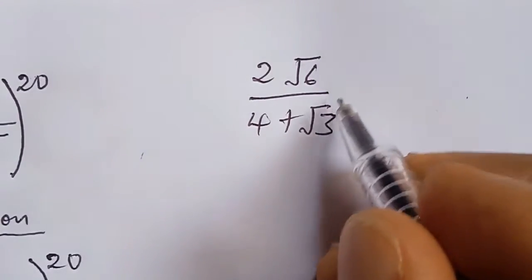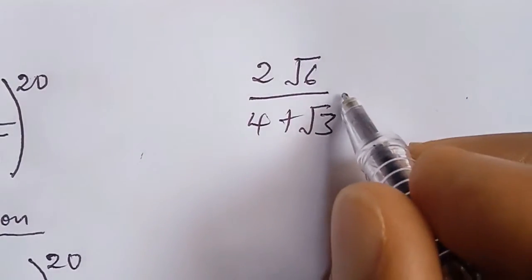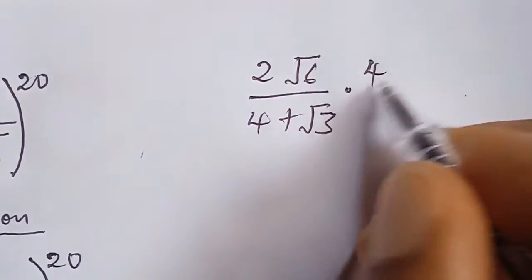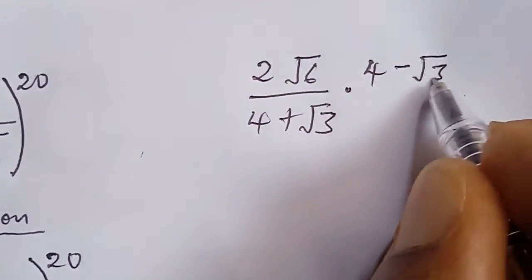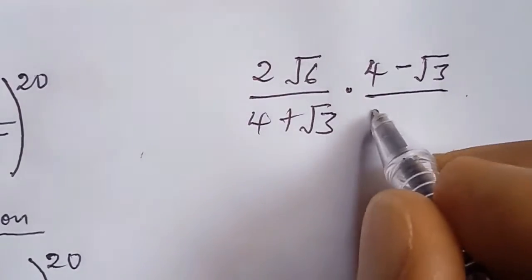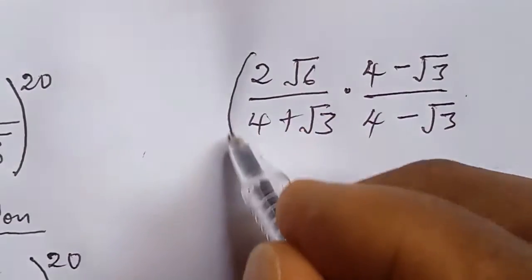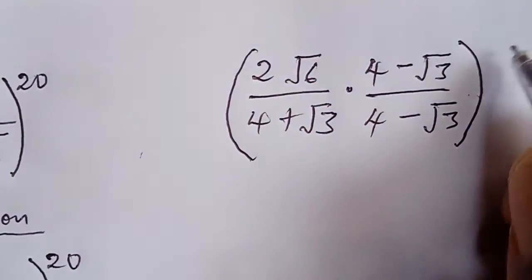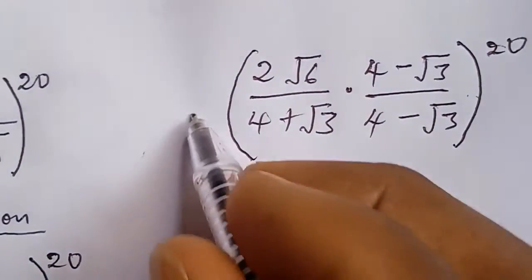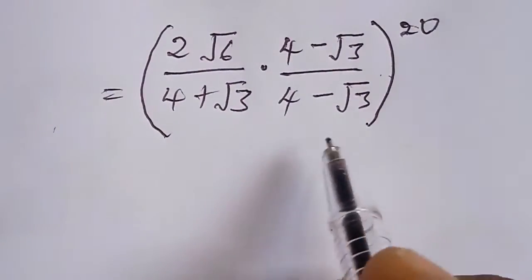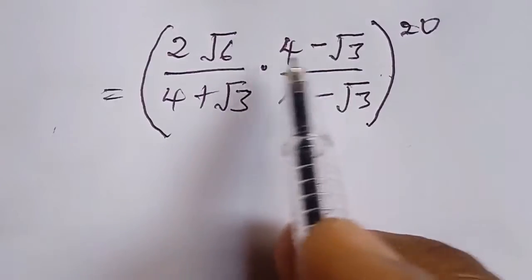So here we multiply by the conjugate. So we rationalize what we have in the bracket. So we now have 4 minus square root of 3 over 4 minus square root of 3. Everything into brackets to the power of 20. Okay, this is what we have at this step. So we now rationalize this.